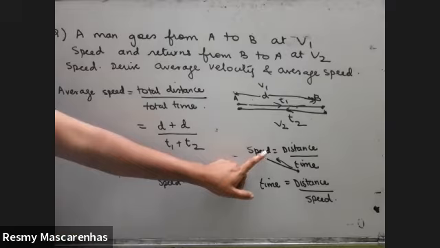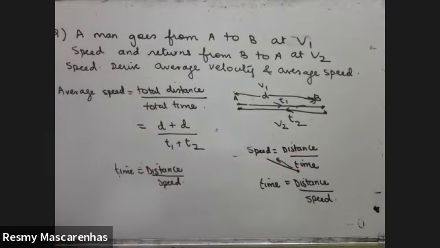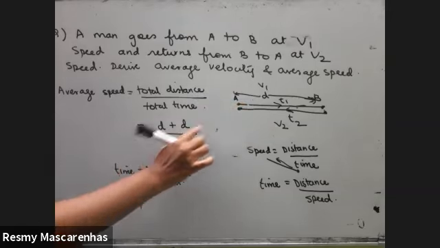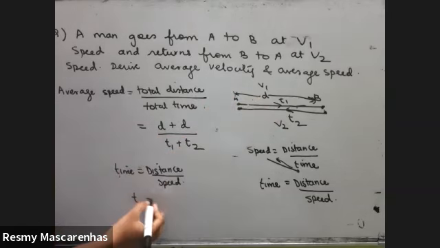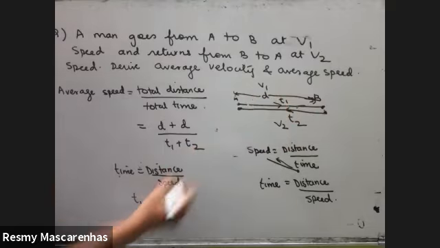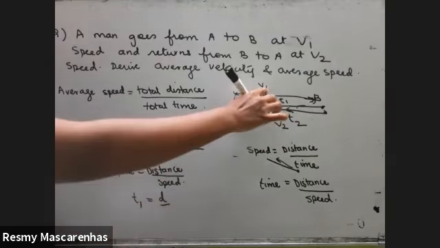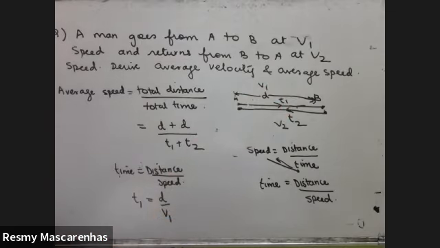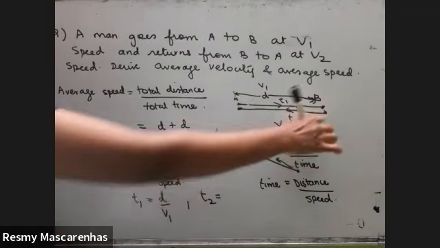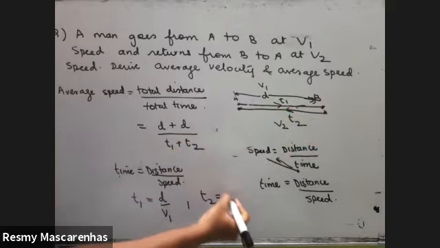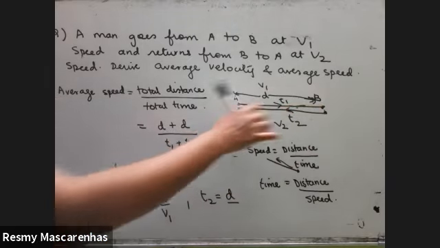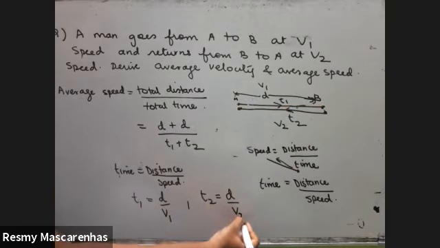The normal formula, we know that speed is distance upon time. So I just want to know what is T1. T1 is how much distance it has covered, so that is D upon V1. Same way, what will be T2? The distance will anyway be D only because it's back on the same path, and then at speed V2.